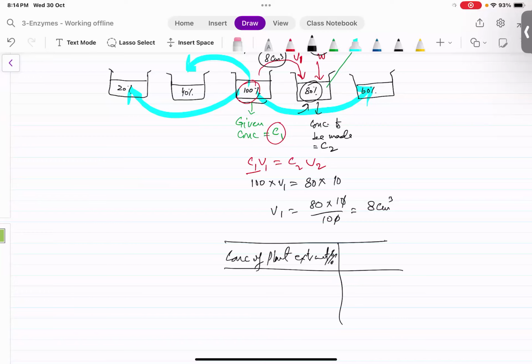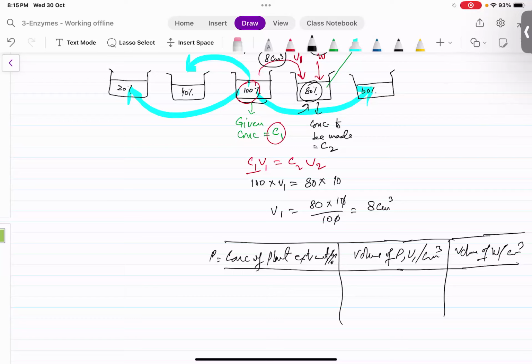And here we have the volume of, if this may be represented with P, volume of P, which is V1, to be taken in cm cube, and volume of W to be taken with its units. This is cm cube. Okay. So this is the table.